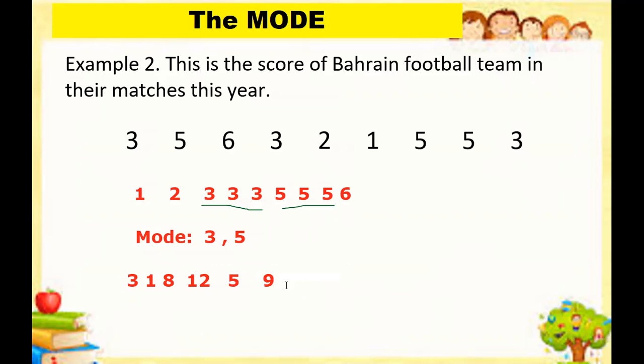So all of these numbers have been written only once. So there's no number that has been written the most or repeatedly. Therefore, in this set of data, what is the mode? No mode. Is that clear? Very good. I hope you understand that part.